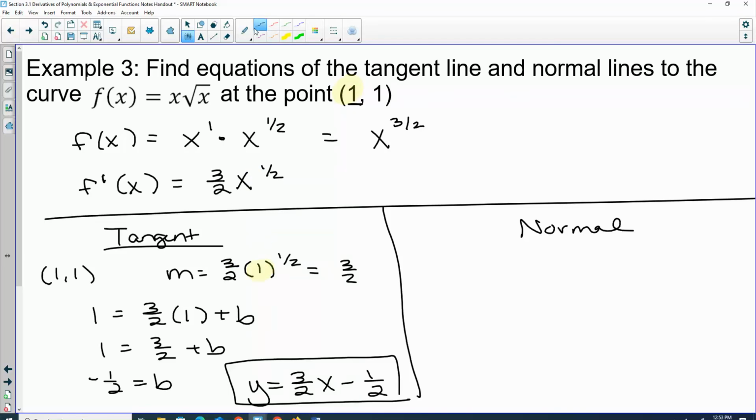Okay, so for the normal line, I have the same point. I told you the normal line is perpendicular to the tangent line. So if the tangent line had a slope of 3/2, what's the slope of the normal line? Negative 2/3. Flip and change the sign. So then y equals mx plus b.